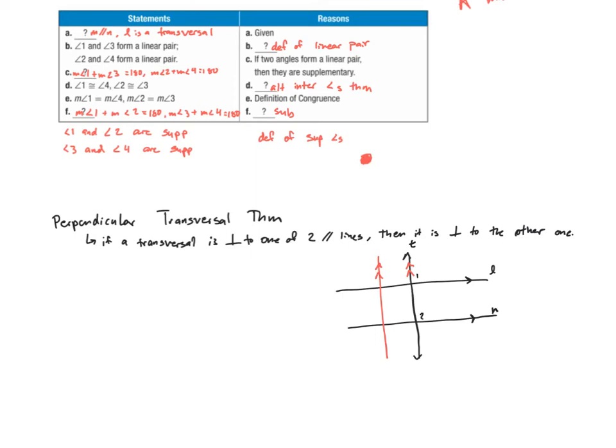Angle 1, angle 2, and the transversal T is perpendicular to line L. All right, so there's all of our given. We need to prove that T is perpendicular to N as well.